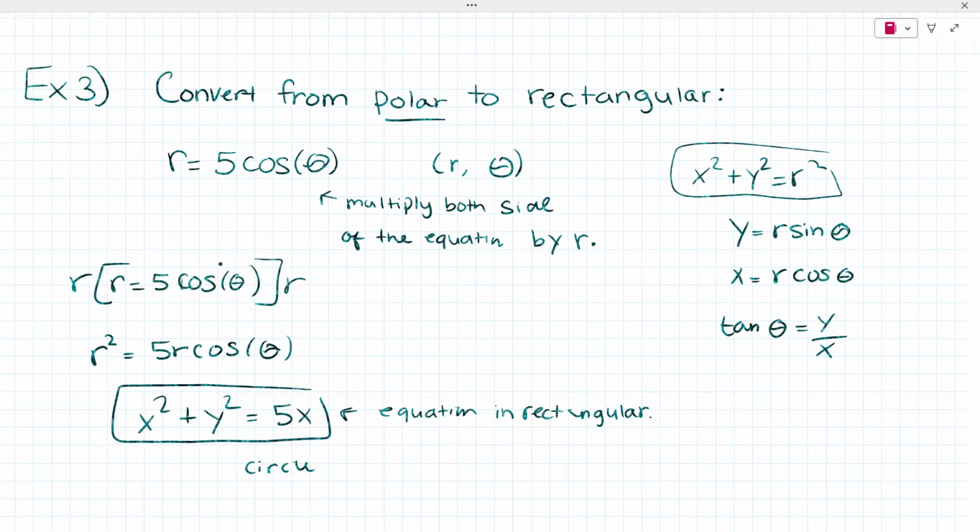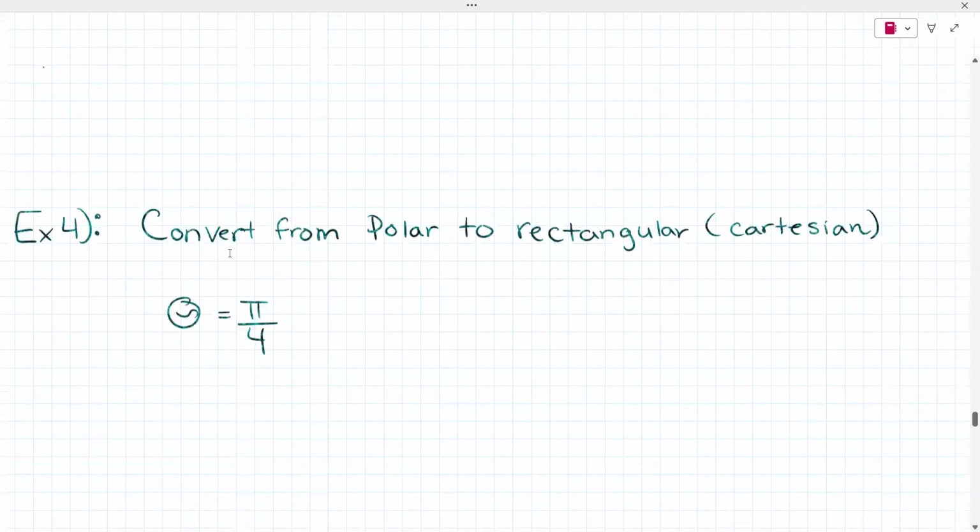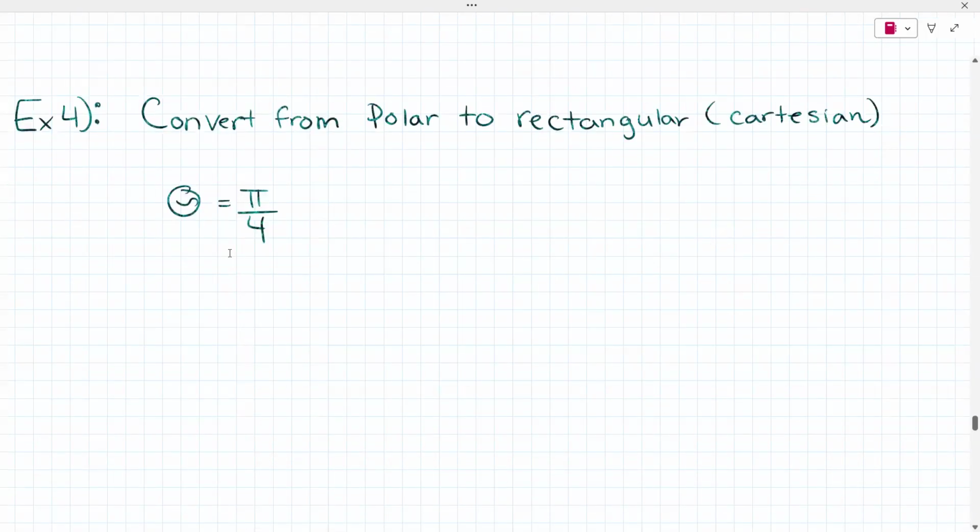Let's move on to example 4. Example 4 says convert from polar to rectangular. So in a polar, they give it should be radius comma theta. They only give us theta, pi over 4. Somehow we have to, okay, so let's write out our formulas.